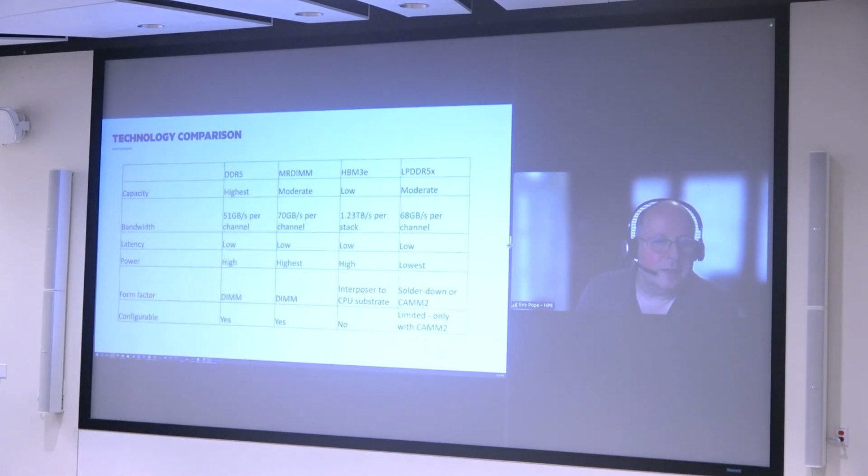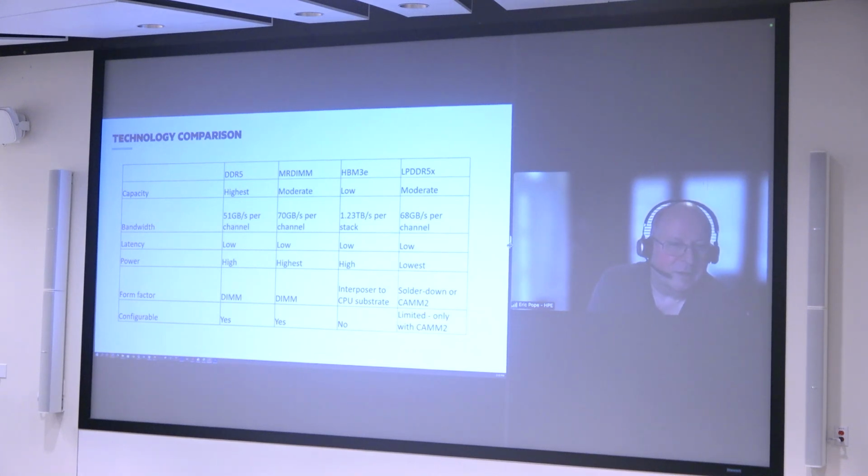So here is just a quick technology comparison, and I put most of it in as qualitative because, for example, latency, because they're all DRAM, the latency on all of these technologies is pretty good. For MRDIMM, the power is highest, followed by HBM and DDR5, whereas LPDDR gives you the lowest power per gigabyte.